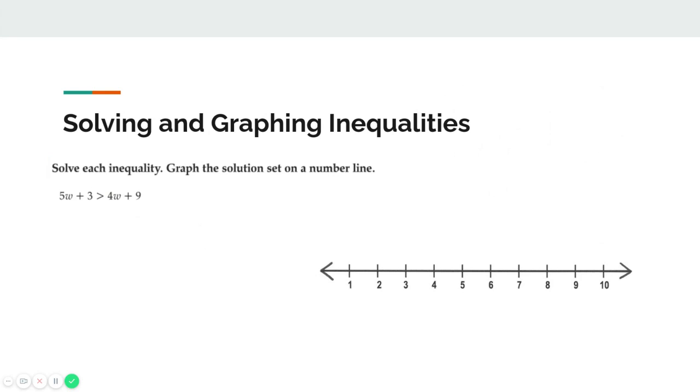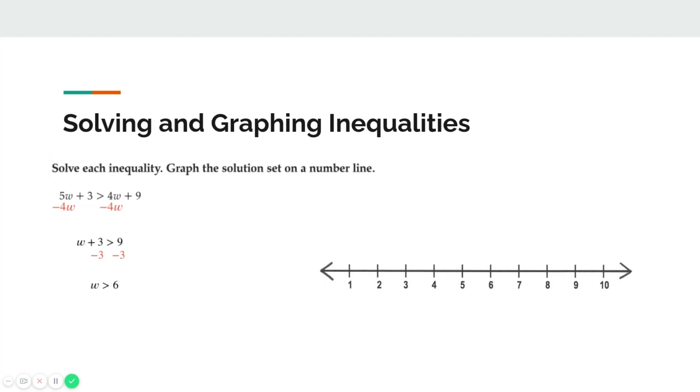If at all possible, I'd like to keep that coefficient positive, so the best move here would be to subtract 4w from both sides. Once I subtract that and simplify, we have w plus 3 is greater than 9. The last step is to subtract 3 from both sides, and I'll have an inequality solution that says w is greater than 6, meaning my answers are all the numbers that are bigger than 6.